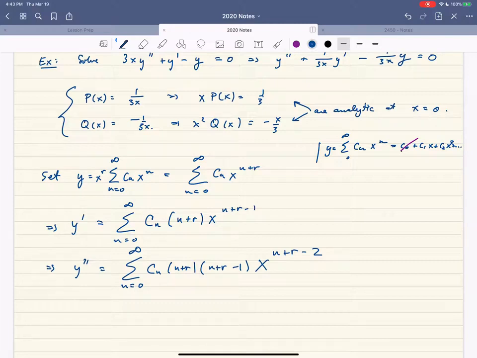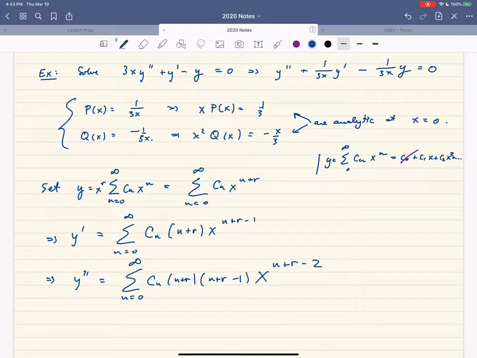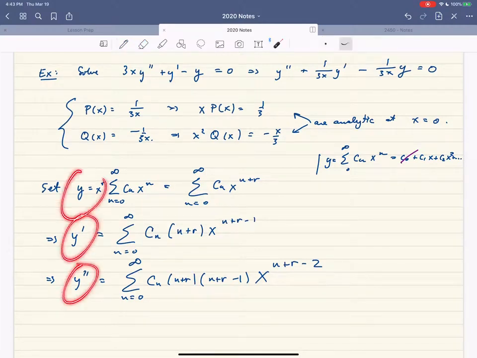Now we're going to take these values for y, y prime, and y double prime, and plug them back into our differential equation.